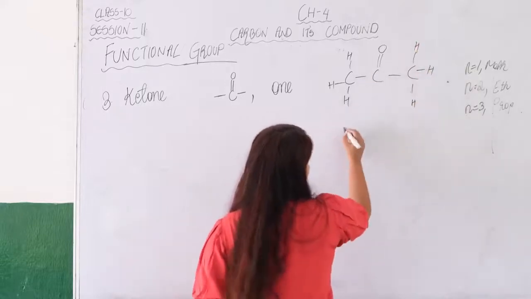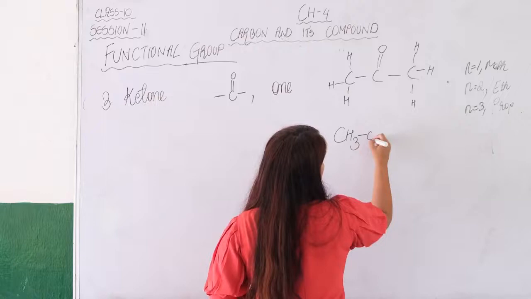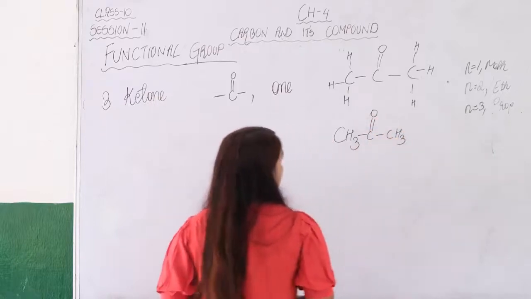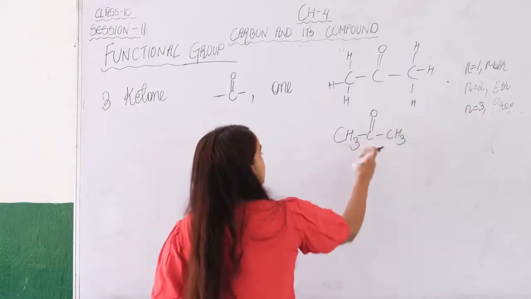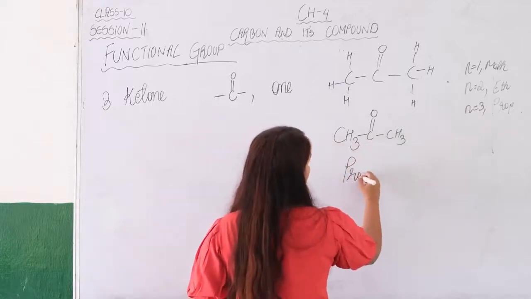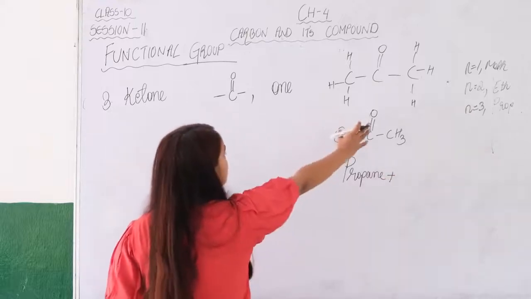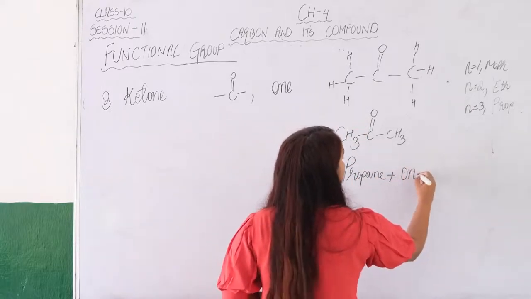So this one can be written as CH3, ketone group, then CH3. So since there are 3 carbons, it has the name propane, plus the suffix of the functional group, which is ONE.